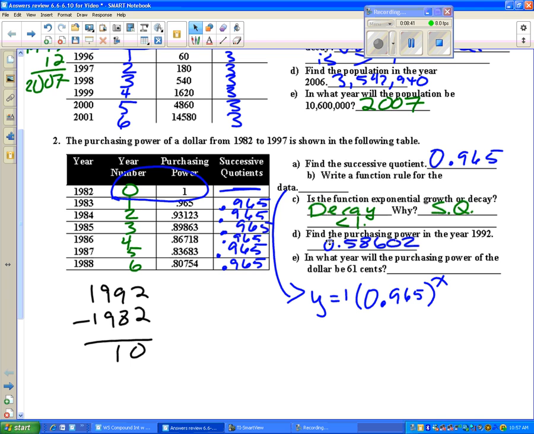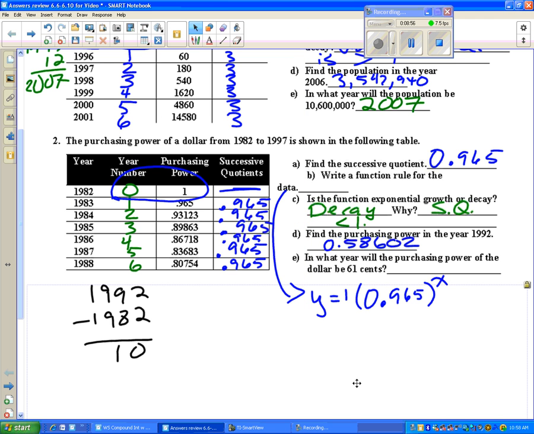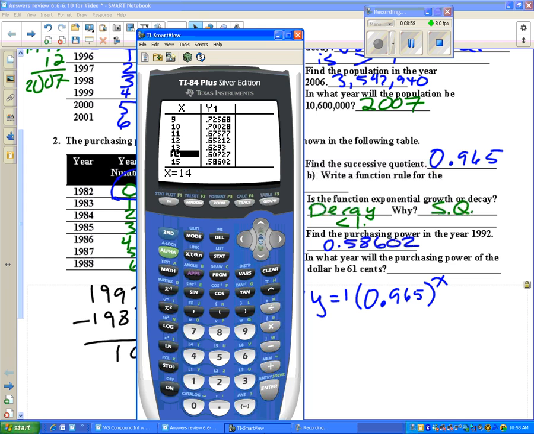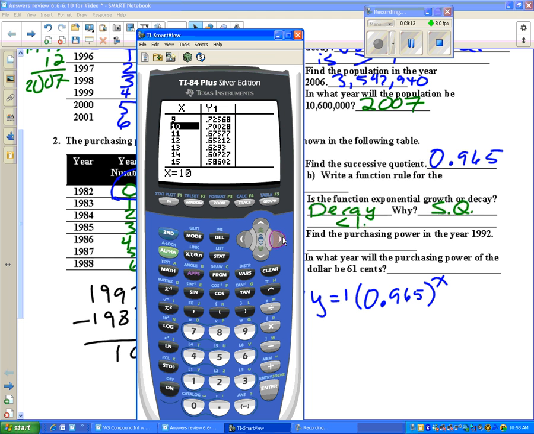In what year would the purchasing power of the dollar be 61 cents? Go back to my calculator. 61 cents is going to be about 14 years. Okay, let me back up. I don't know why I just did 15, so excuse me. Find the purchasing power in the year 1992. 1992 we said would be 10, so that would be 70 cents.